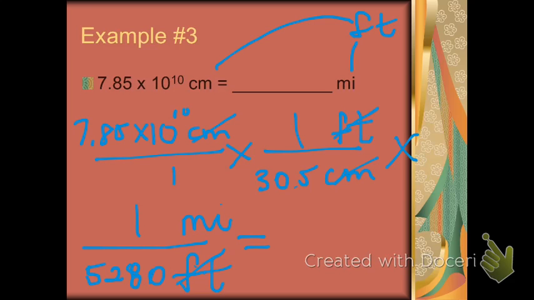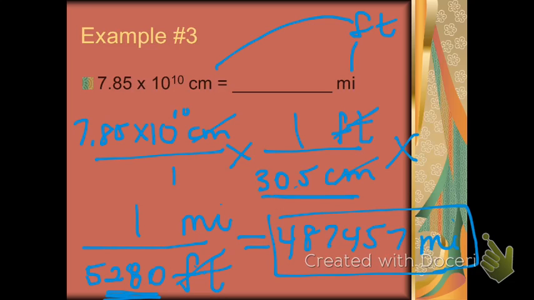And when I do that, I end up with a gigantic number. I'm going to round it to the nearest whole number. And the units on that would be miles. Okay. So again, since this number was on the bottom, I divided by it. And since this number was on the bottom, I divided by it. And that's kind of the rule to follow, is any number on top, multiply, any number on bottom, divide by.